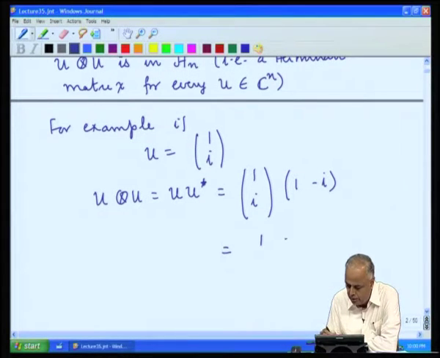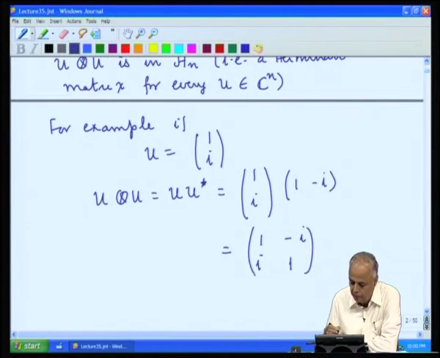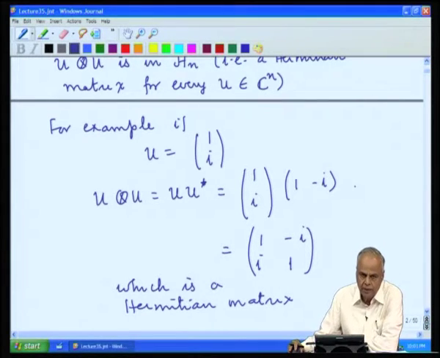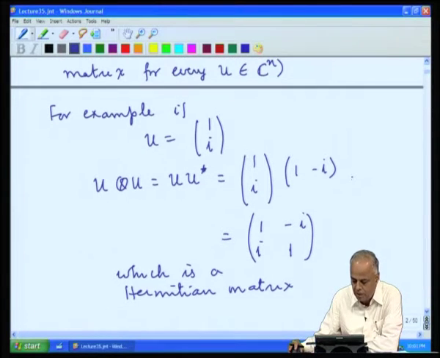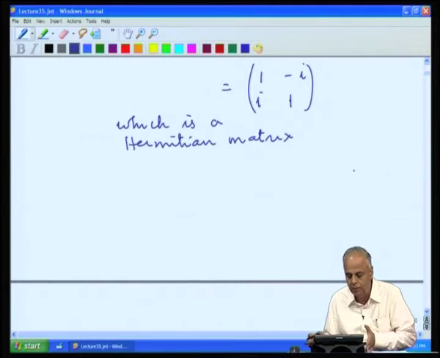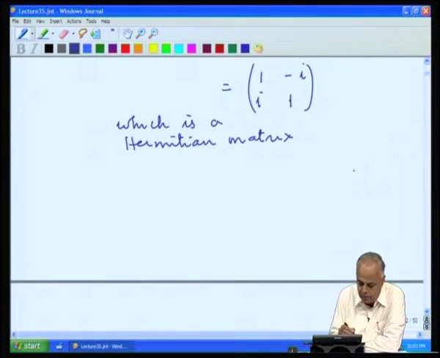When you take the product, you get a matrix with entries 1, minus i, i, and minus i squared, which is 1, and that is a Hermitian matrix. So, if you take a vector in Cn and take the tensor product of the vector with itself, we get a Hermitian matrix.